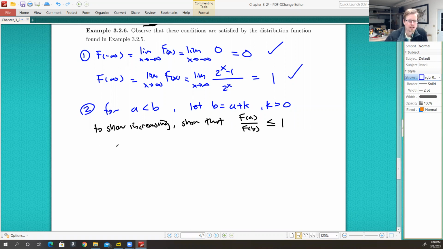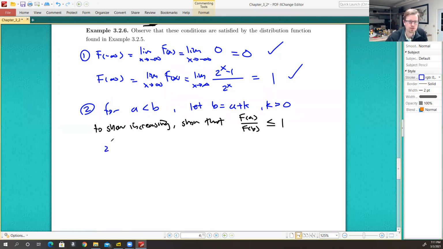Again, we can think of this as a sequence as well. So whether you're thinking of it as a sequence or just in the explicit definition of increasing, it doesn't matter. It's all the same for this example.